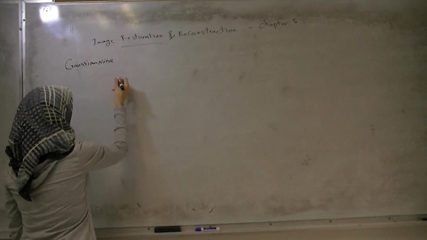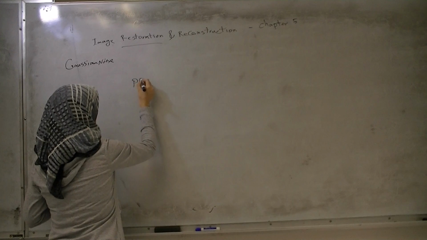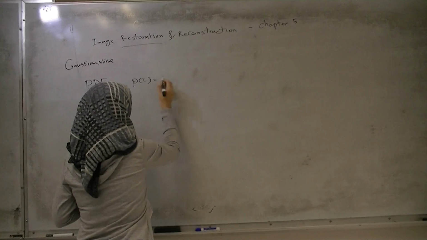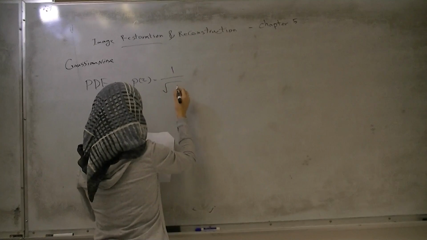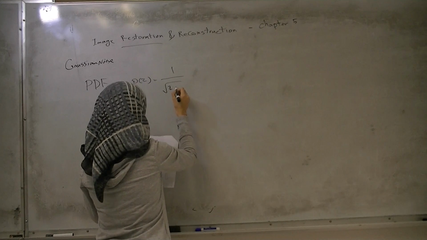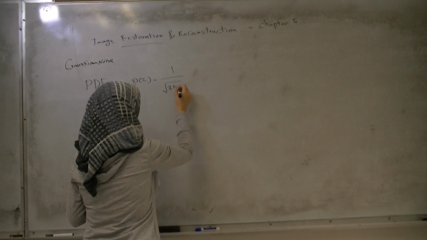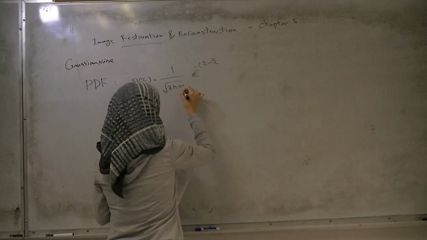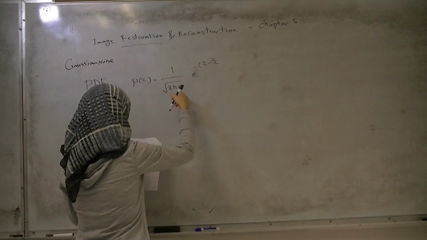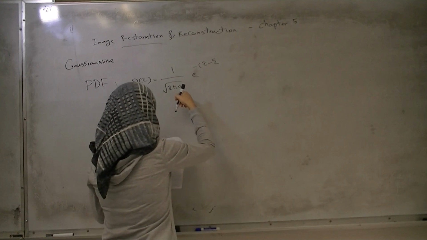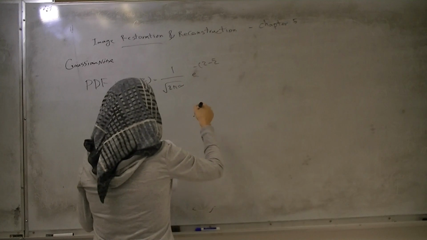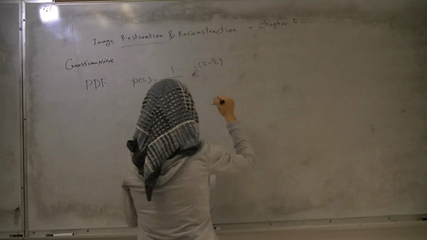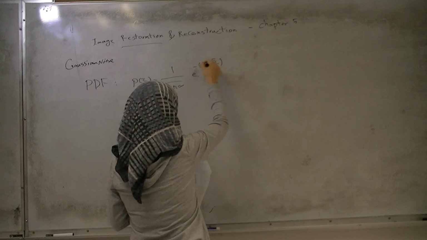The PDF of the Gaussian noise is as follows: p(z), where sigma squared is the variance, sigma is the standard deviation, and z bar is the mean of z.